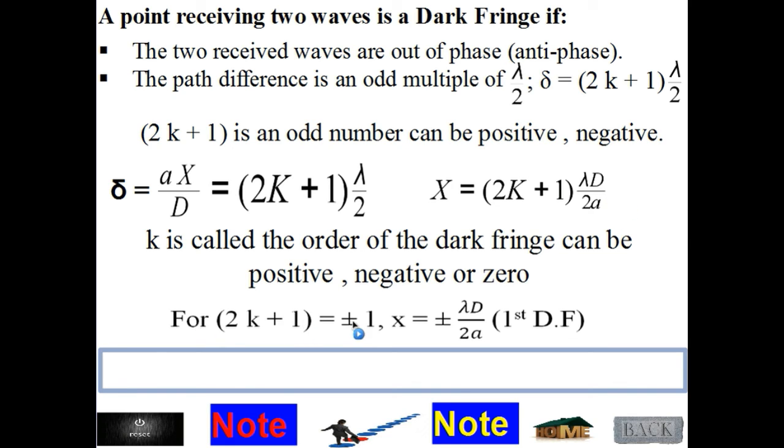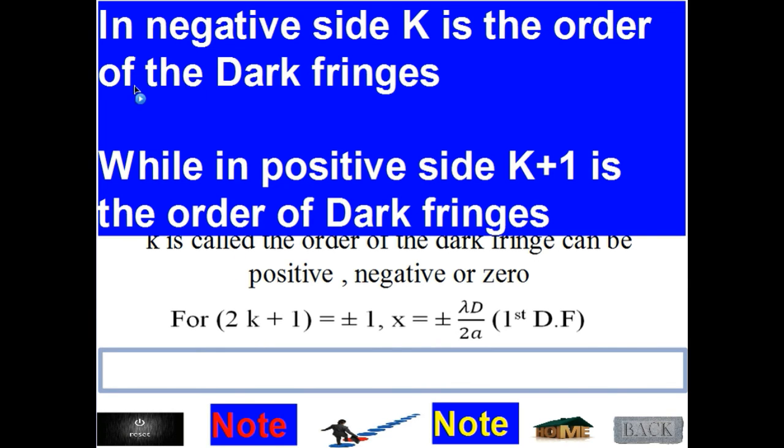2k plus 1 equal to 1 is the first dark fringe. You can check that. To get plus 1, k should be 0. And to get minus 1, k should be minus 1. It's a very important note. In the negative side, k is the order of the dark fringes. K equal to minus 1, then it is the first order dark fringe in the negative side.